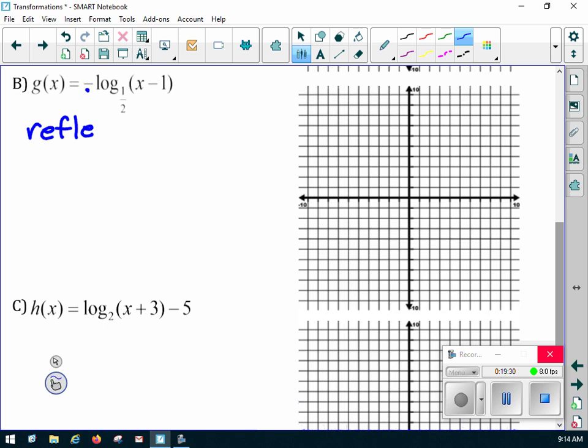End of story. Reflect over the x-axis and right 1. Before we go anywhere else, what does right 1 do? X plus 1. What does reflect over the x-axis do?